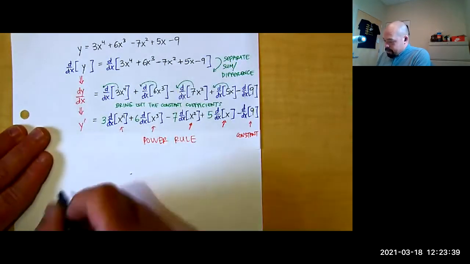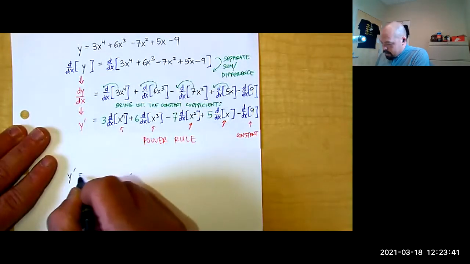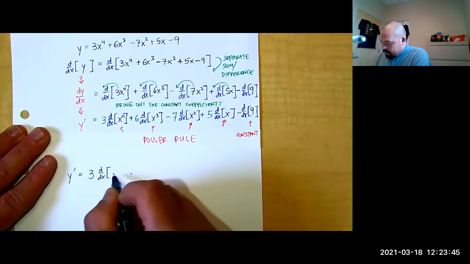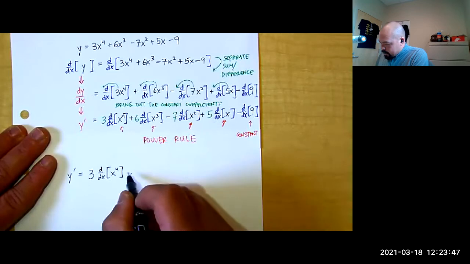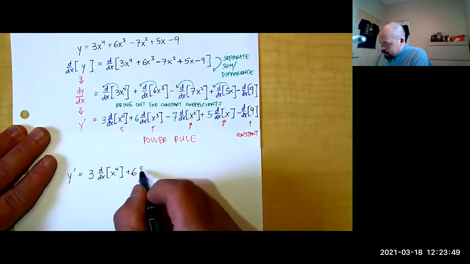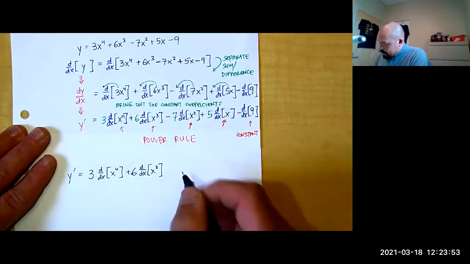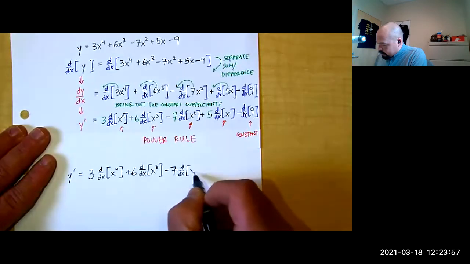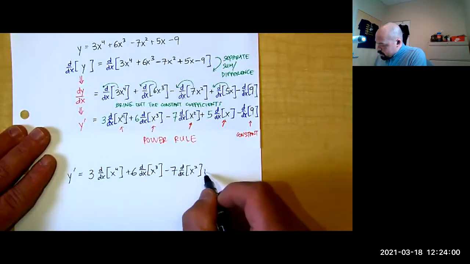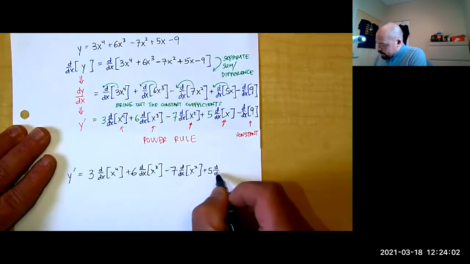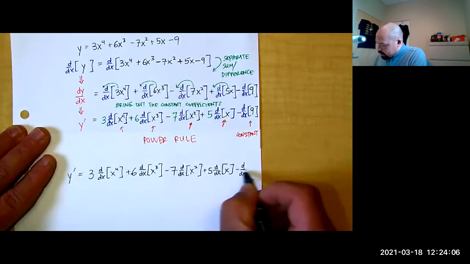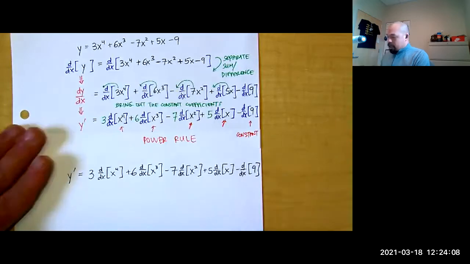My y prime is going to be 3 dx of x to the 4th power plus 6 dx of x cubed minus 7 dx of x squared plus 5 dx of x minus the derivative of just 9.